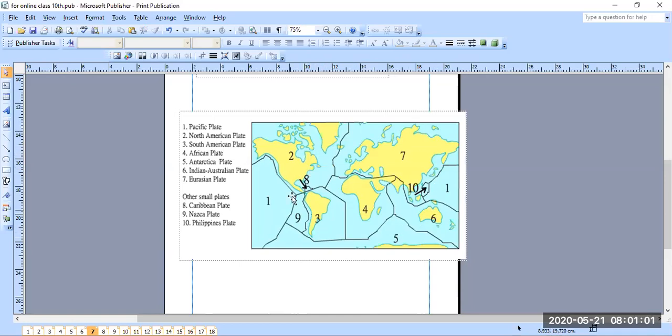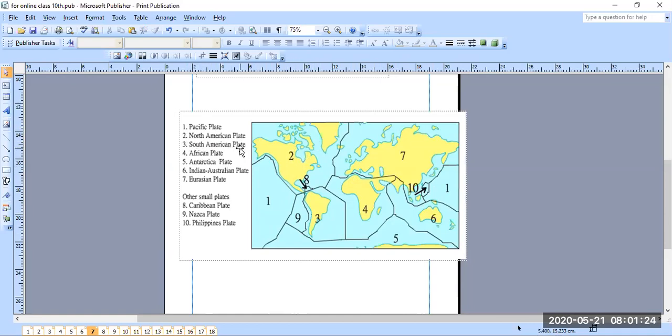So, as for now, on the surface of the Earth, we have seven major plates. We have named them, and they have been identified by the geologists. You see, number one, Pacific Plate. Second is here, North American Plate.